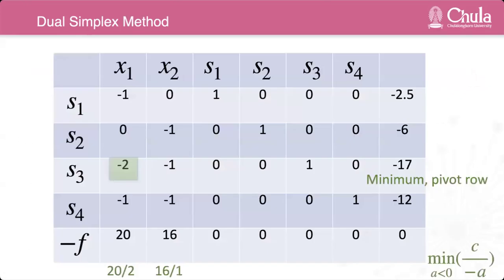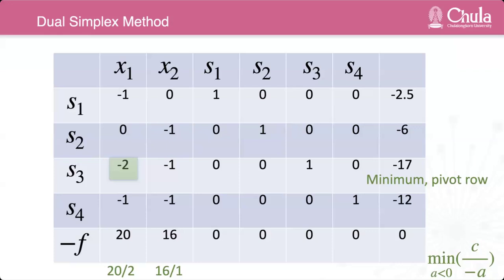So once we look at this table, instead of considering this coefficient, we consider this constant instead. Find the minimum. Which one is the minimum? We call it the pivot row. Minus 17 is the minimum. This is the pivot row.